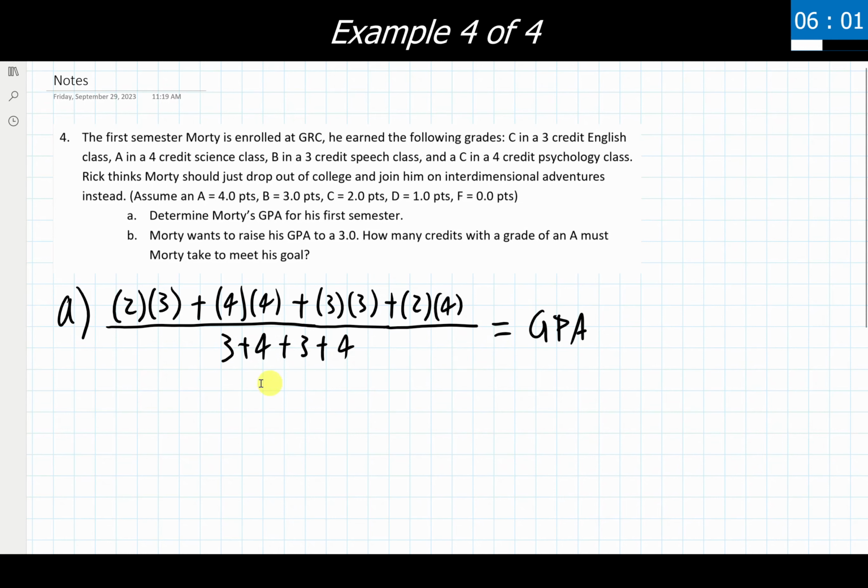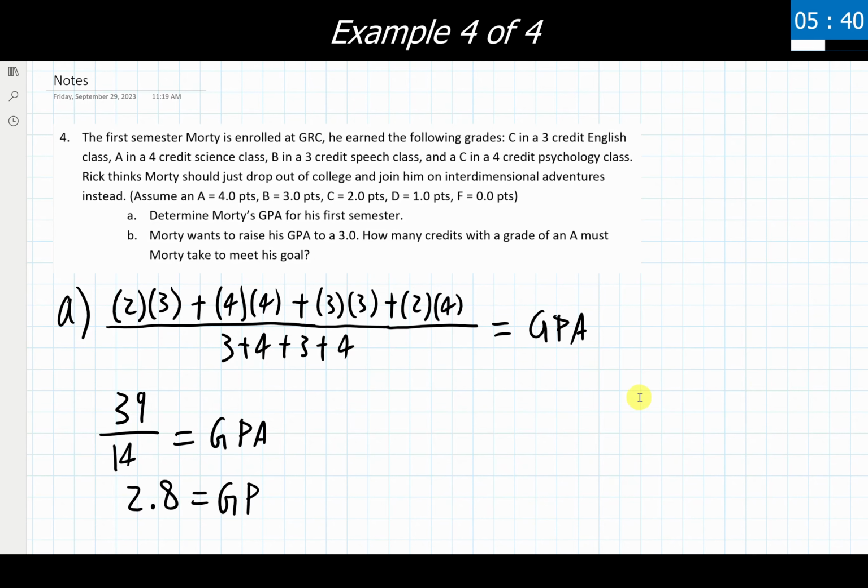So we'll go ahead and solve that now, and I'm going to be using a calculator off screen to get to that answer, and we'll see what his final GPA is. And we have for the first part here that Morty has a GPA currently of 2.8.